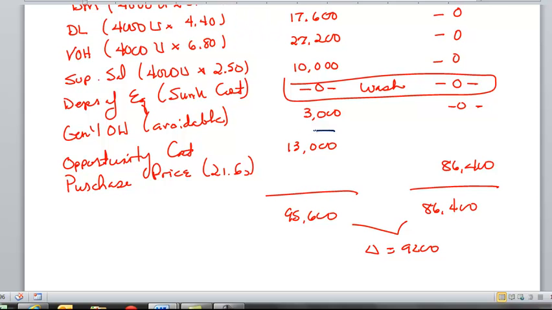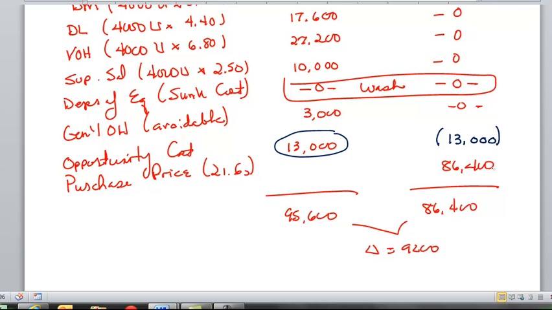Instead of saying it's a cost here, I could treat it as a revenue. But if it's a revenue, it's going to reduce my cost. And what I'm doing is saying, if I purchase for $86,400 these products, my units, I'm going to be able to produce some more of another product, and that's going to earn me $13,000. So in my decision to purchase or to buy, I'm going to be able to earn $13,000 in revenue, which is a reduction of my cost.